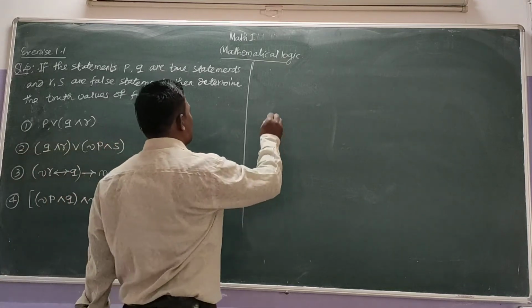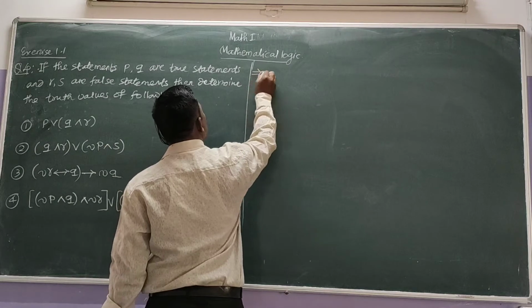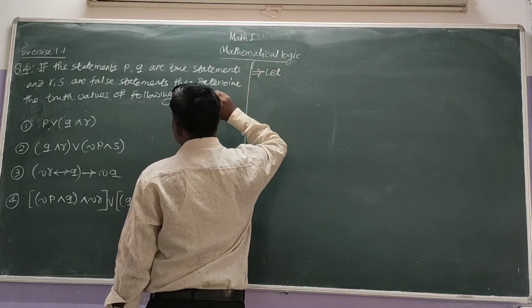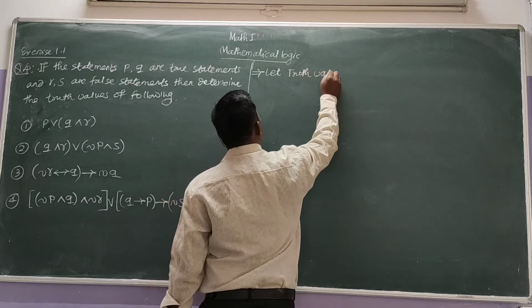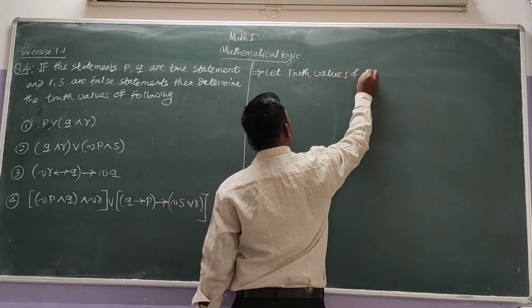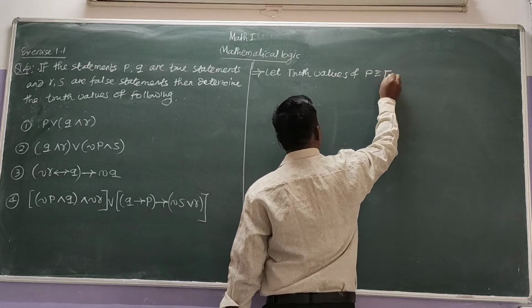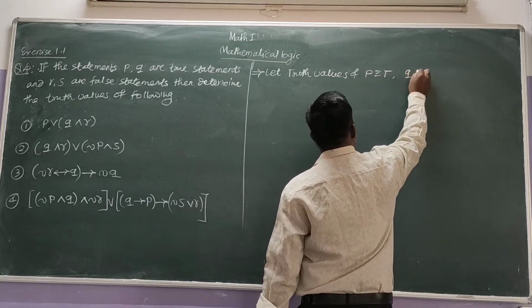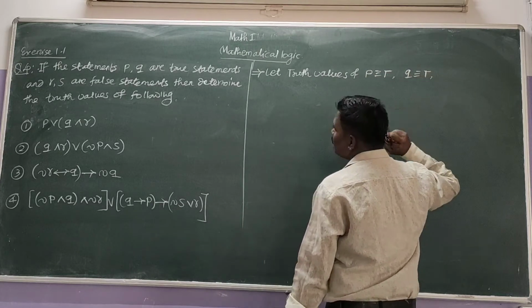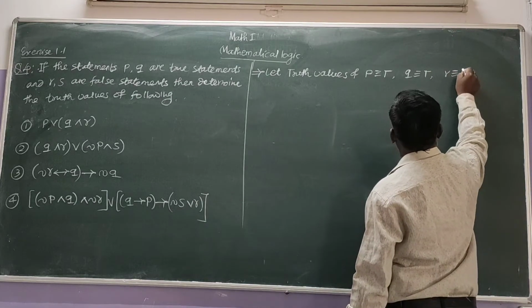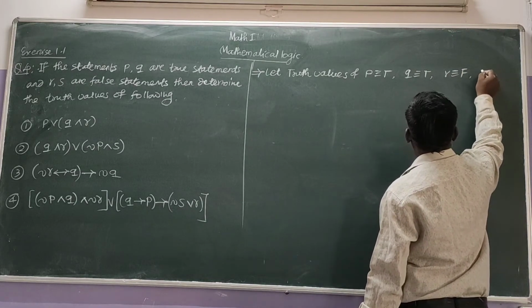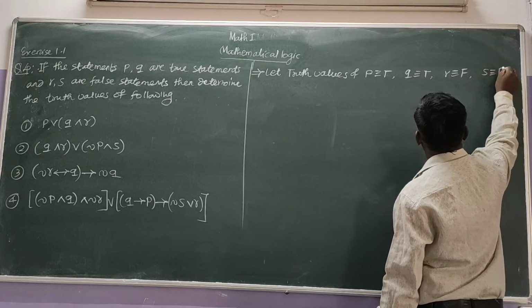The first example, the solution: let the truth values of P is true, Q is true, R is false and S is also false.